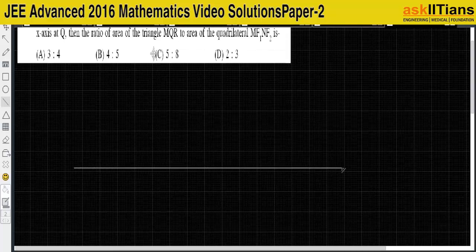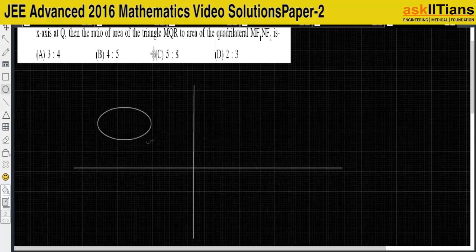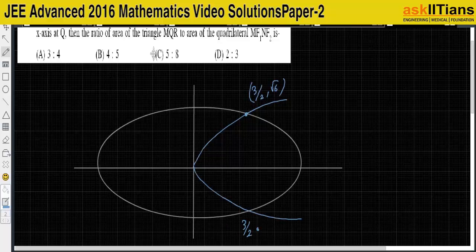So this is the x-axis, this is the y-axis, this is the ellipse, and we can draw this as the parabola. This point is 3 by 2 comma root 6. This point is 3 by 2 comma minus root 6. This parabola is y square equal to 4x. Now this is M, this is N, this is the origin.